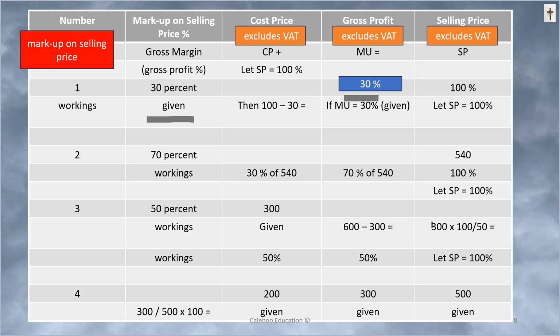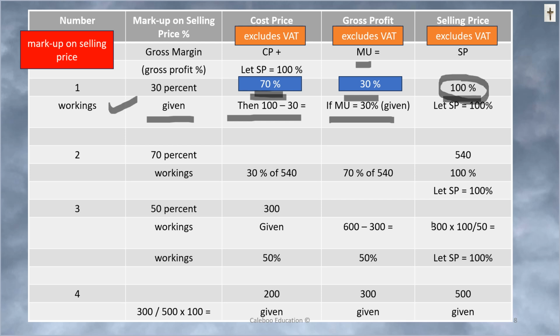We let selling price equal 100%. So then what is cost price? Like I just mentioned, 100 minus 30 is equal to 70%. The cost price, and if these were actual numbers, say for example the markup was 30 Rand, the cost price would be 70 Rand. But just to start off, I've used percentages.